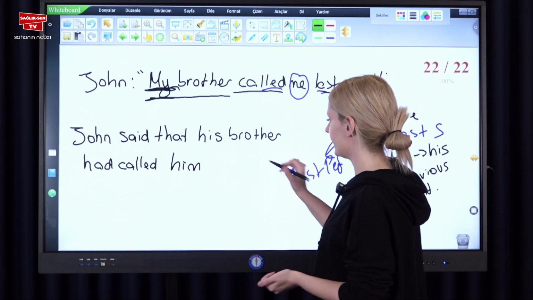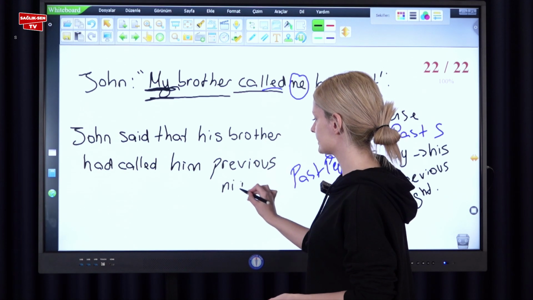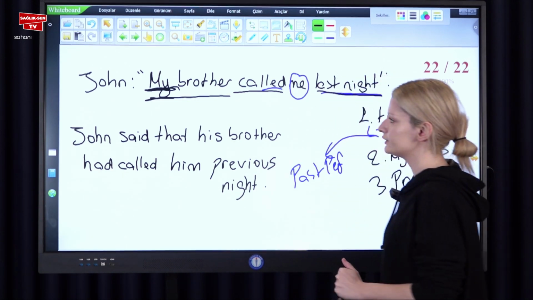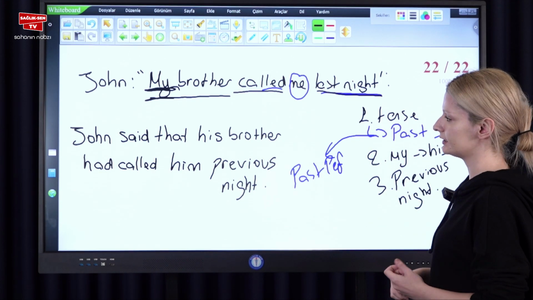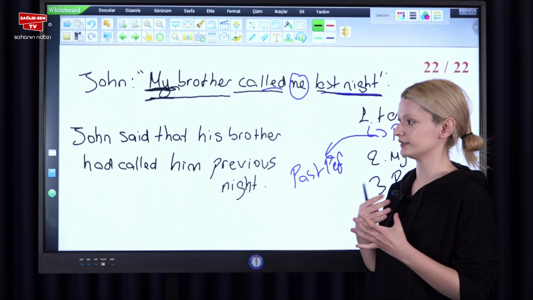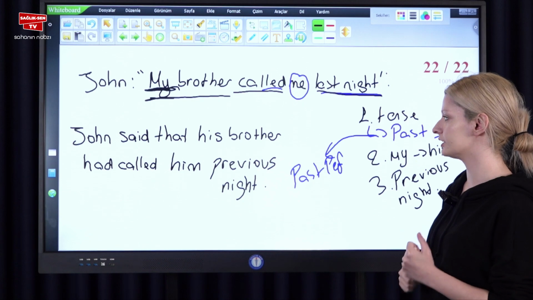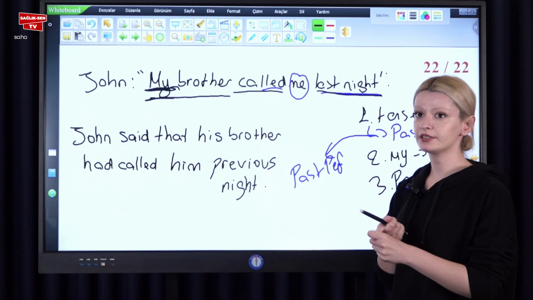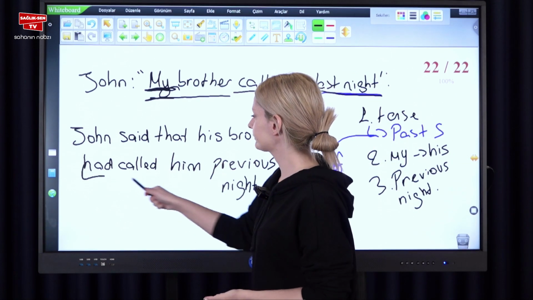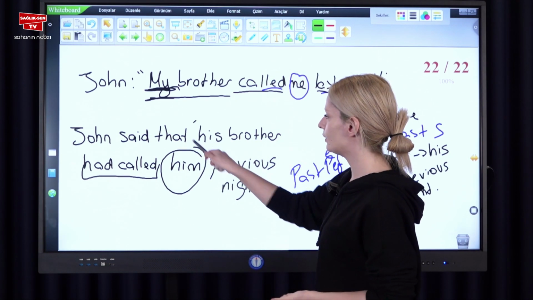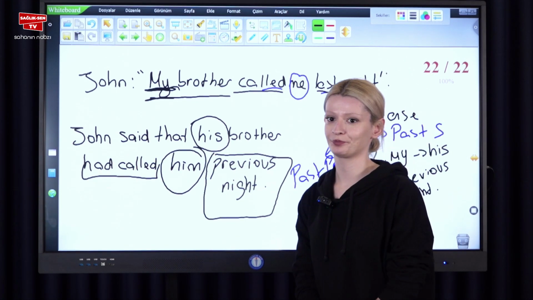Instead, I will say previous night. So as you can see, our direct speech was, my brother called me last night, and if I want to deliver this sentence to someone else, I will say, John said that his brother had called him previous night. I was careful with our tense, object pronoun, possessive adjective, and the time expression.